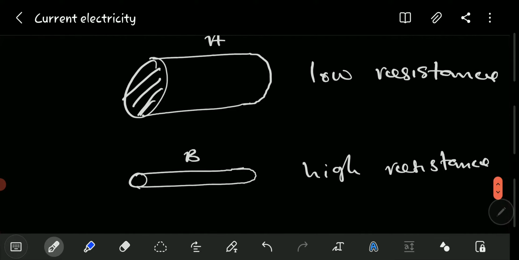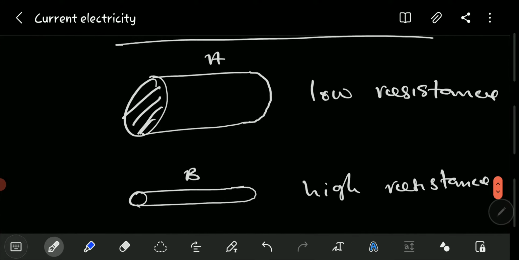When we look at cross-sectional area, we can look at a situation where we have people gathered in a hall, and in actually two halls.